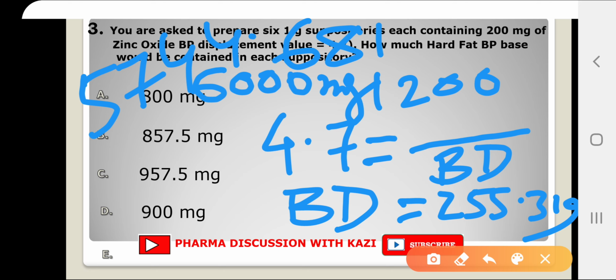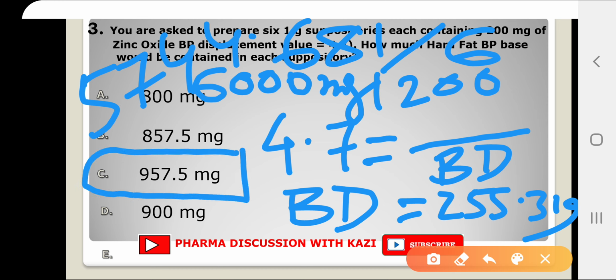This quantity of base is required for 6 suppositories. Therefore, the amount of base required for each suppository will be this value divided by 6, which is equal to 957.5 milligrams. So the correct answer is C.